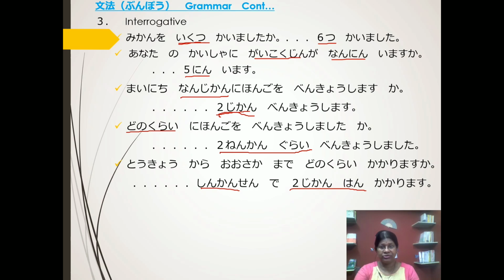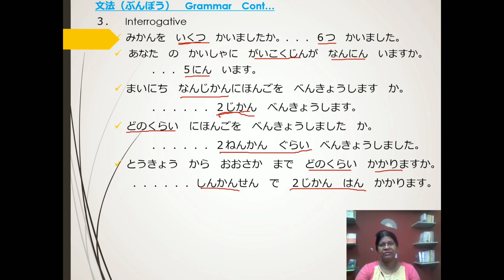About 2 years. 東京から大阪までどのくらいかかりますか?新幹線で2時間半かかります。It means it will take 2.5 hours by bullet train. わかりますか?This is how you put the question form with a counter suffix.